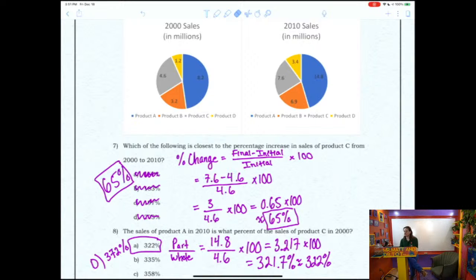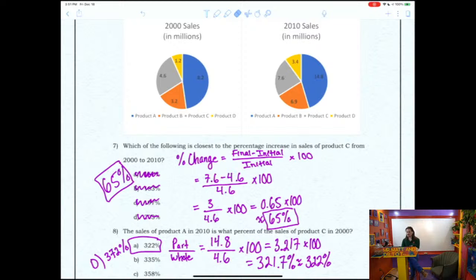So $7.6 million of sales in 2010, which is our final value, minus $4.6 million of sales in 2000 for our initial value, quantity divided by 4.6 million times 100. So 7.6 minus 4.6 is going to give us 3. 3 divided by 4.6 is going to give us about 0.65. Multiply that by 100 to get 65%.